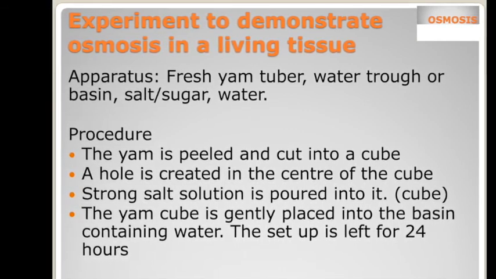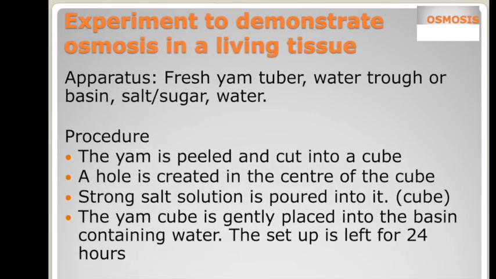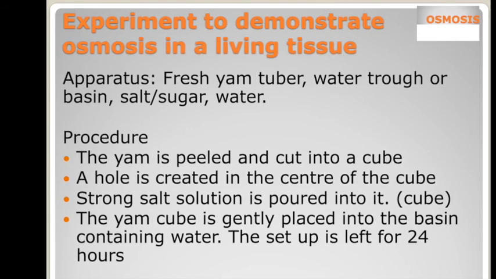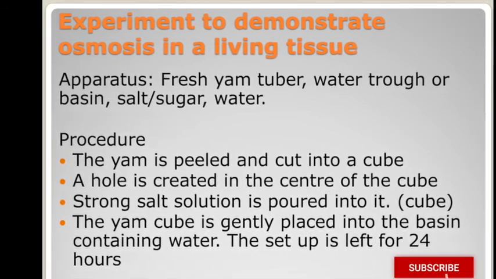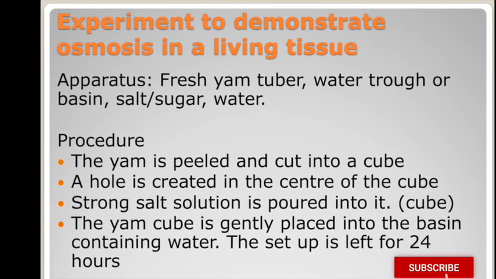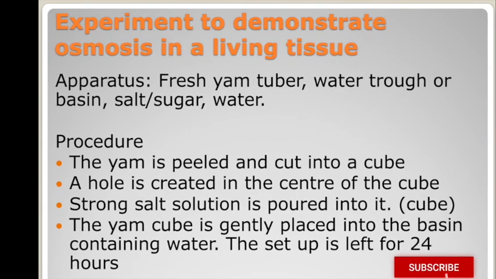So procedure: we peel the yam and cut it into a cube. A hole is created in the center of the cube. Strong salt solution is then poured into it. The yam is gently placed in the basin containing the water. The setup is left for 24 hours.